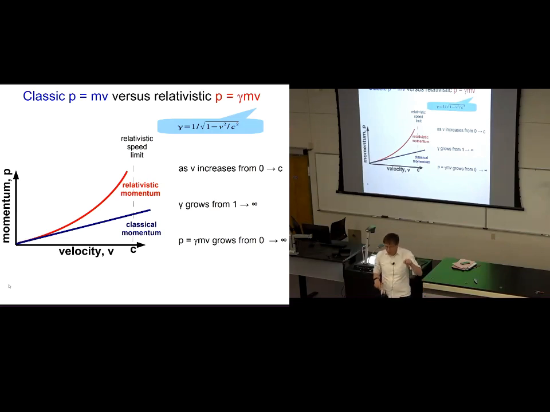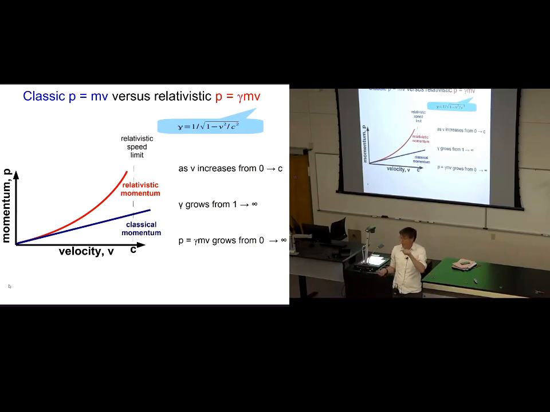We're looking at how the momentum is a function of the speed. This would not be a very interesting graph to plot if you just had classical momentum, because classical momentum p equals mv, p is proportional to v.